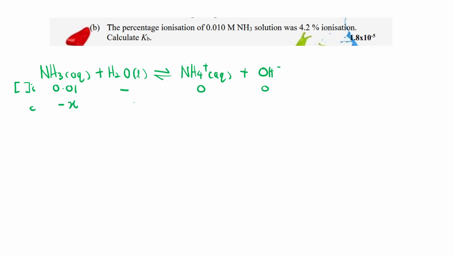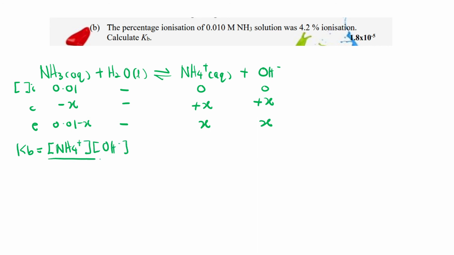The change is minus X, dash, plus X, plus X. So at equilibrium 0.01 minus X, 0 plus X equal to X, X. Write the expression untuk dissociation for Kb, concentration NH4 plus times concentration OH minus over concentration ammonia, which is equal to X times X over 0.01 minus X. Alright, so yang kita nak cari is Kb.